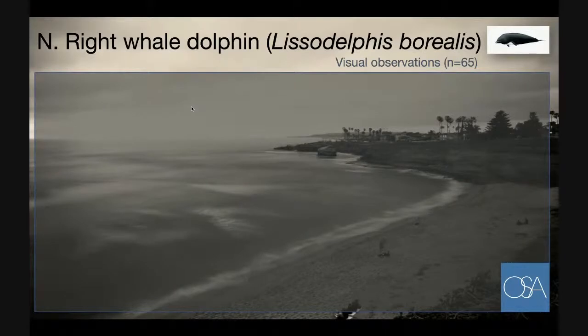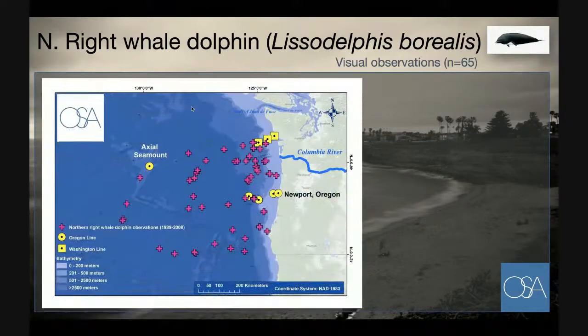So she's been looking at a couple of species, including the humpback whale, the northern right whale dolphin, and the sperm whale. By looking at the data over the last few decades, she was able to find 65 observations of the northern right whale dolphin.